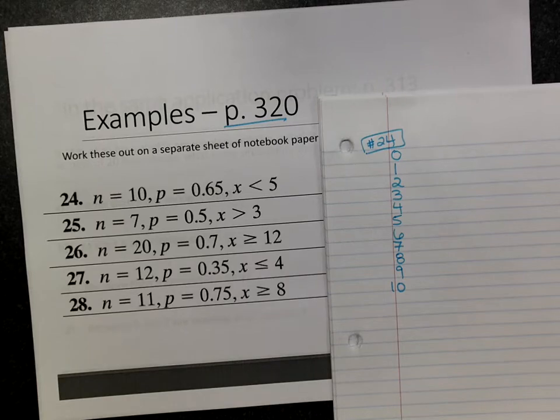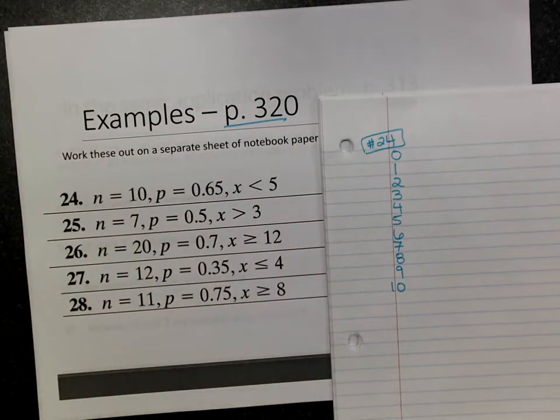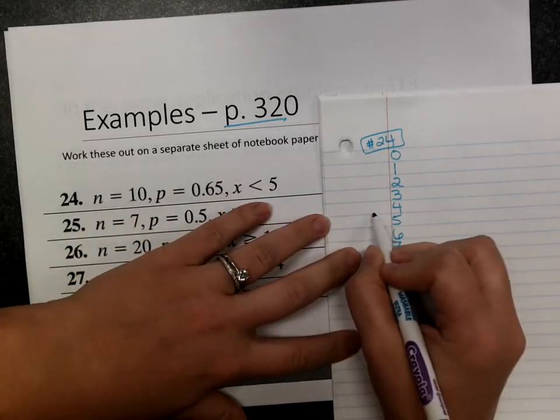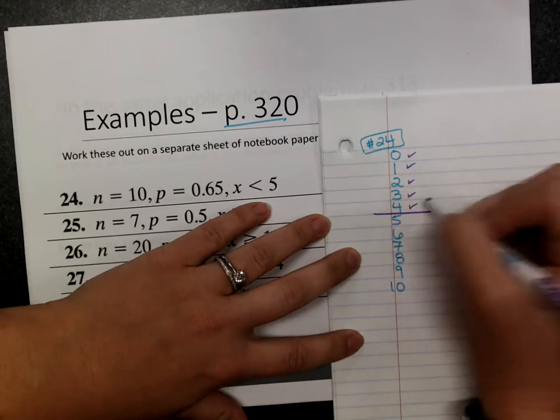And then we need to think where the cutoff point is. We want all values less than 5. So that cutoff point is there. We want 0, 1, 2, 3, and 4.